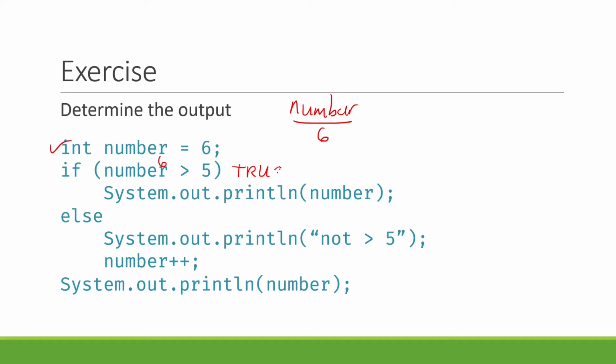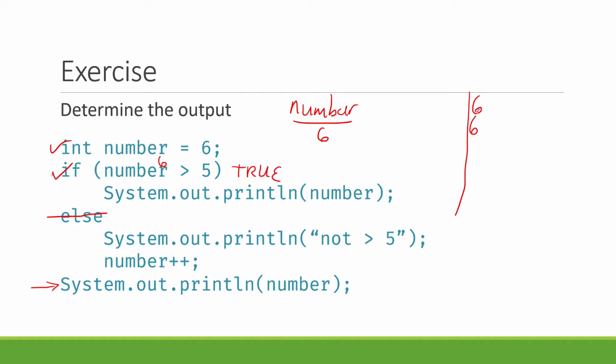So this would be true, which means we're going to do this print line. If this is my output over here, it's going to take the current value of number and display it. 6, good. And since this was true, it skips the else, so we don't do the else at all. Then we go to the next line of code after the whole if-else, and that's print line number. Well, number hasn't changed, it's still 6.